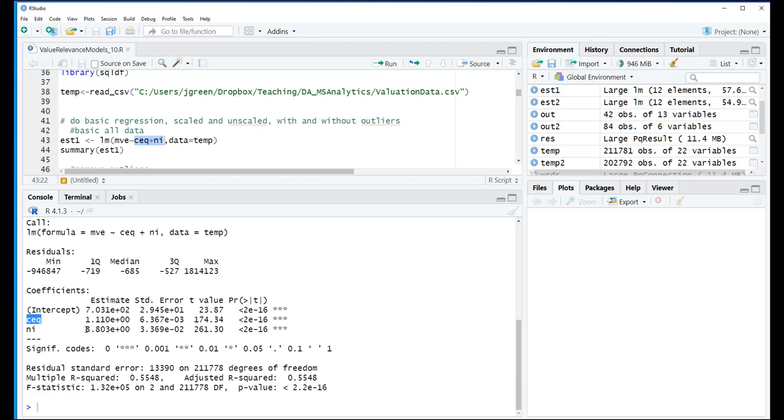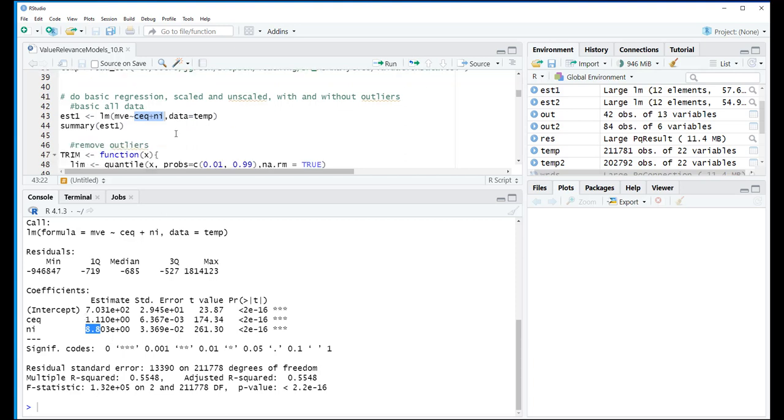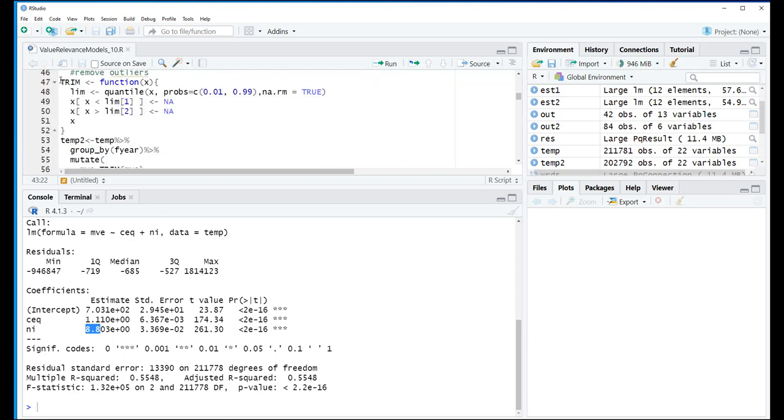Net income has a coefficient around 8 or 9. So it says for $1 of net income, you have about $9 of value in the stock market. So they're positively correlated.